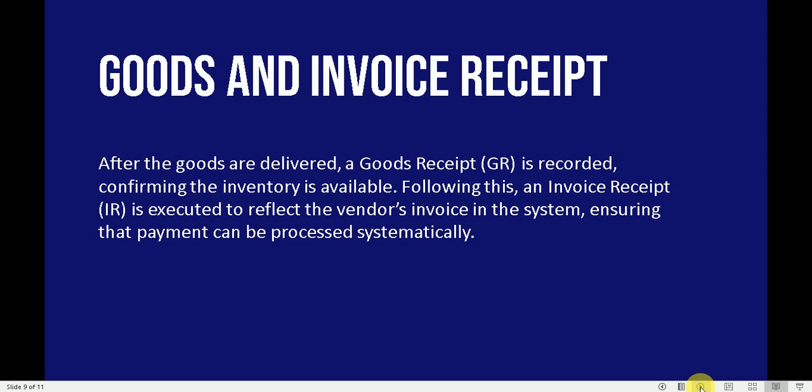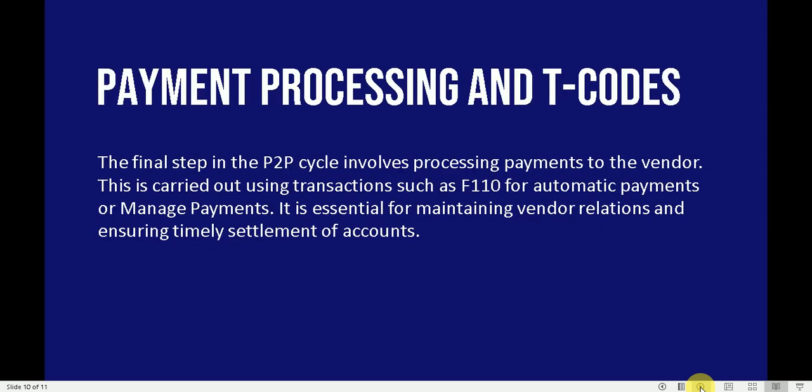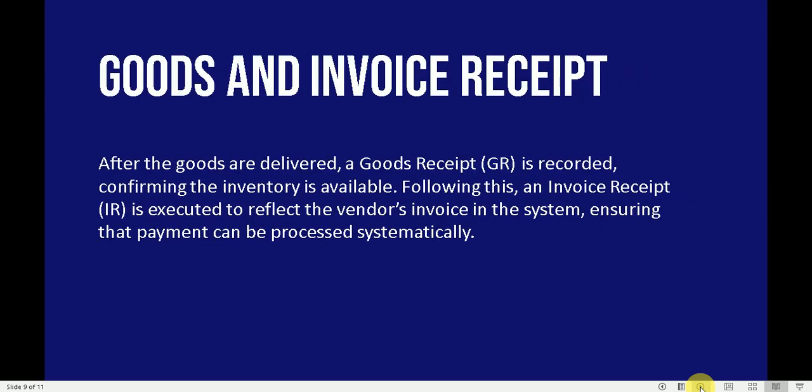So we have one process for the goods and invoice receipt, which is a temporary process. When we receive our goods but we don't receive any invoice, at that time we use that goods and invoice receipt object. Okay.